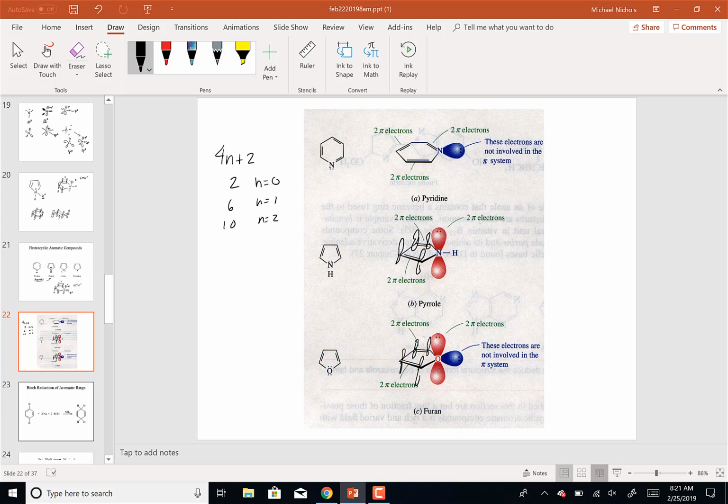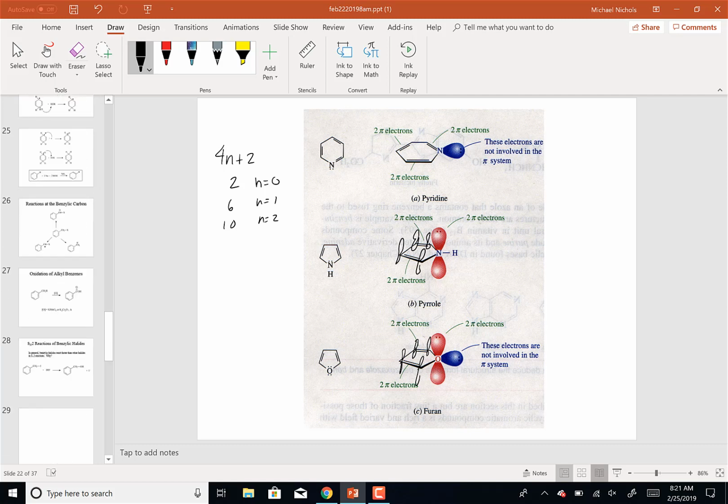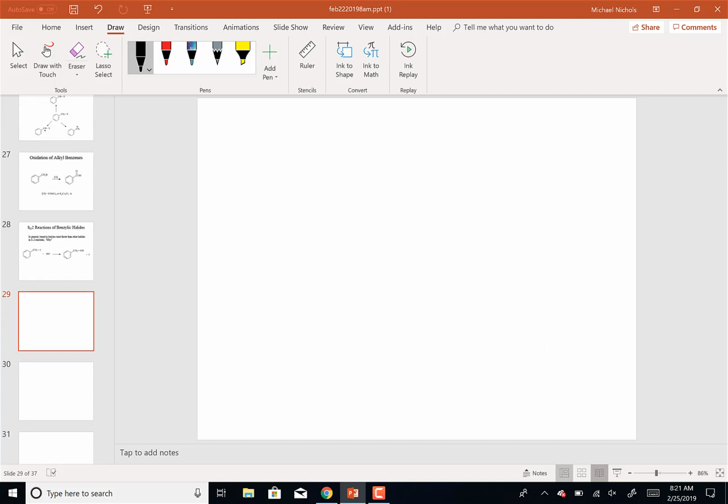So let's look at some. Let's look at 2 examples, and I'll ask you. And again, I've got some practice problems. There's also another aspect to this that I will talk about.